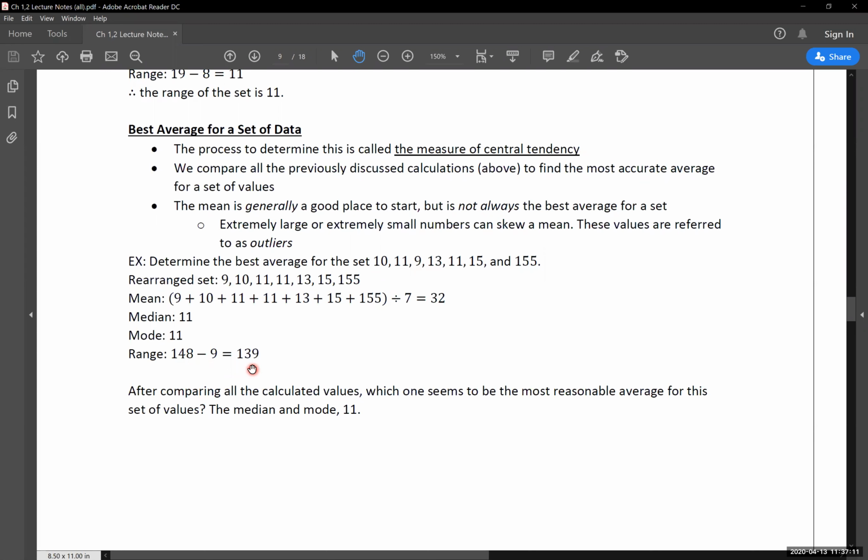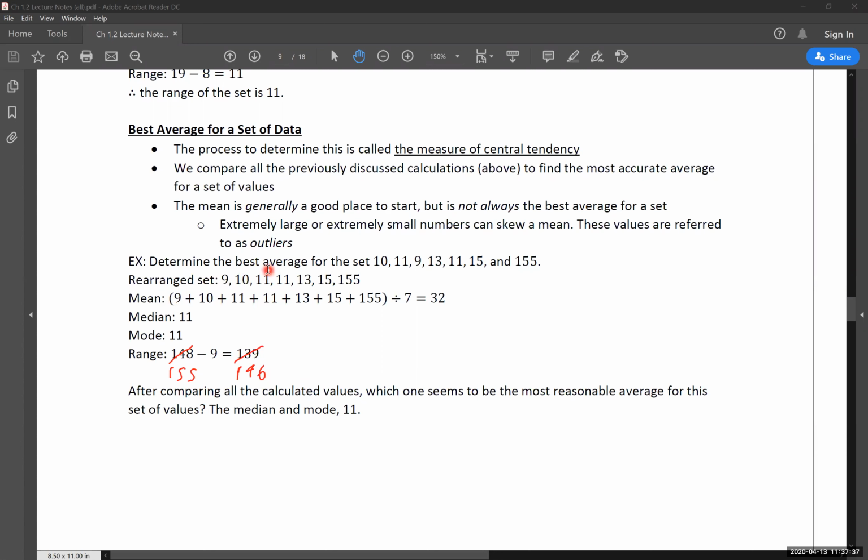Let's just rewrite that in here now, because that should be 155, and that should be 146. Okay. So a couple errors on my part there, but hopefully this should fix that up for us. So we have our mean, median, mode, and our range.